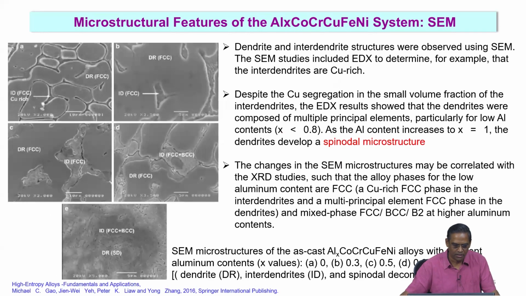And now we look at the microstructure again as a function of aluminum content, and how it varies. What you are seeing is an SEM secondary electron image of the as-cast aluminum, cobalt, chromium, copper, iron, nickel alloys with different aluminum contents. A is 0 aluminum, B is 0.3, and then C is 0.5, 0.8 and 1.